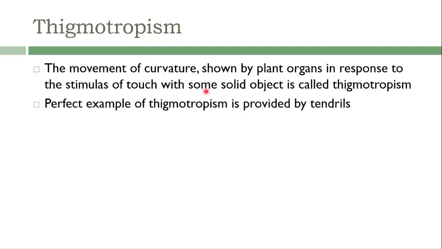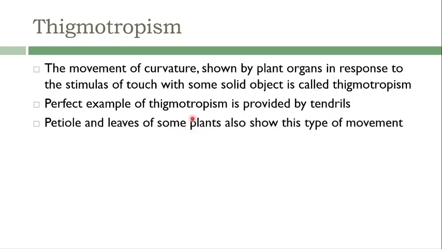So a perfect example of thigmotropism is provided by the tendrils, which are mostly present in the family Cucurbitaceae, as we have seen. Like in the simple case, it is a specialized or modified leaf which acts as a tendril, as we saw in the picture of the tendril and how this particular mechanism is occurring.